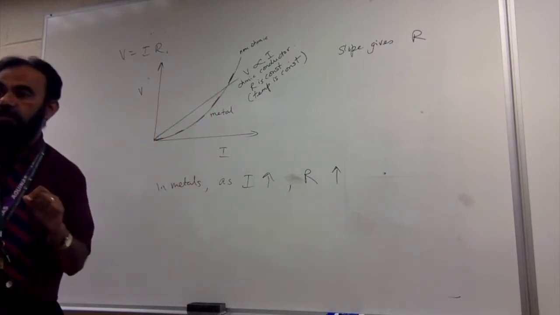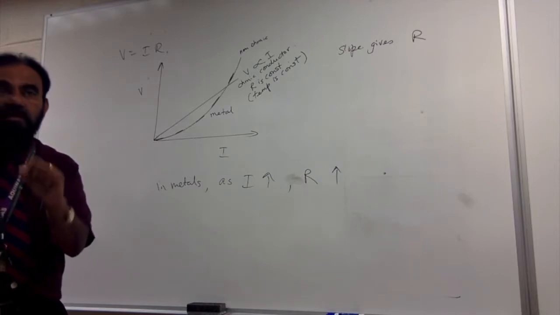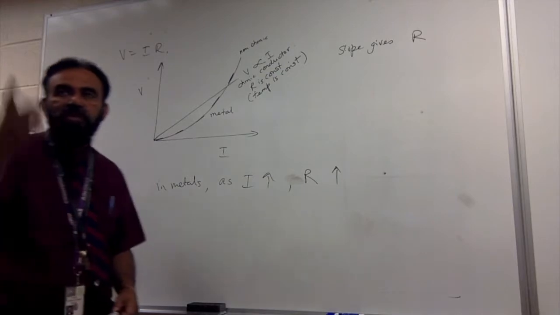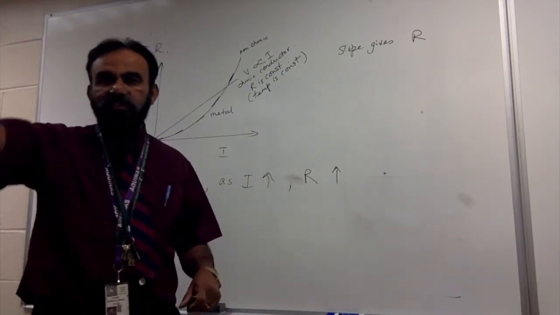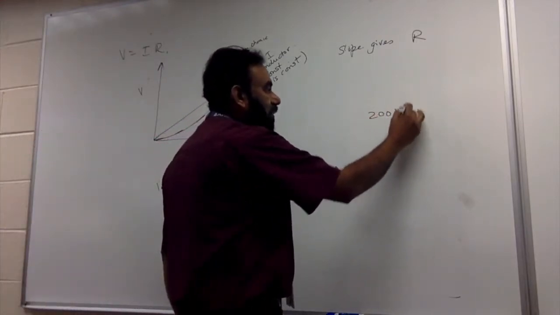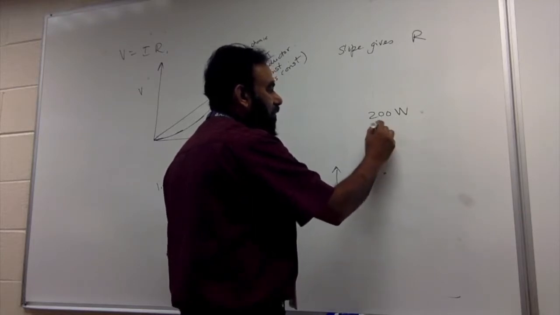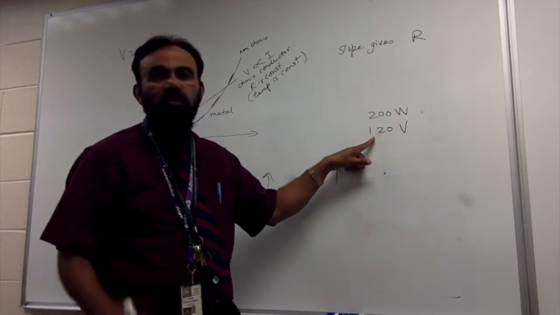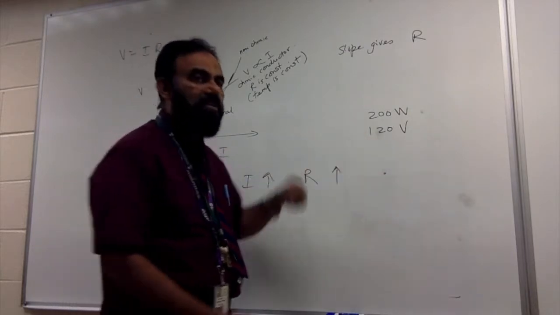So when a light bulb is operating, the operating resistance is actually higher than the real resistance when it is cold. Say, for example, the floodlight which is kept in your house somewhere, right? If it is a 200 watt floodlight, and you're going to operate it on 120 volts, what's the resistance of that?